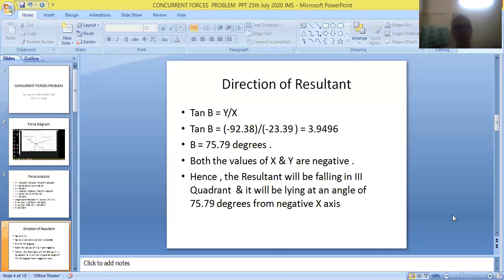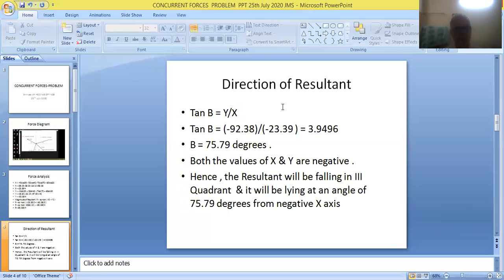So friends, finally we have to find out the direction of resultant. So this is given by a formula. Magnitude of resultant is given as under root of sigma x square plus sigma y square, as given in the previous slide.